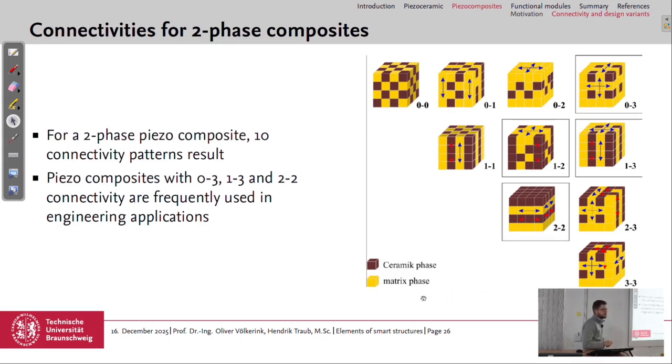Is this clear? So the first number is the ceramic and the second one is the matrix. In this row 1, we always have fibers of ceramic, and the matrix phase changes: also fibers, or plate-like, two-dimensional matrix extension, and here it is three-dimensional.